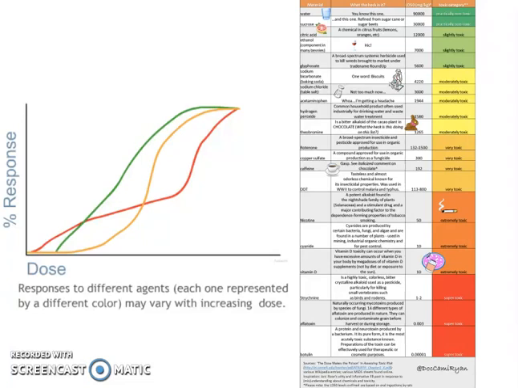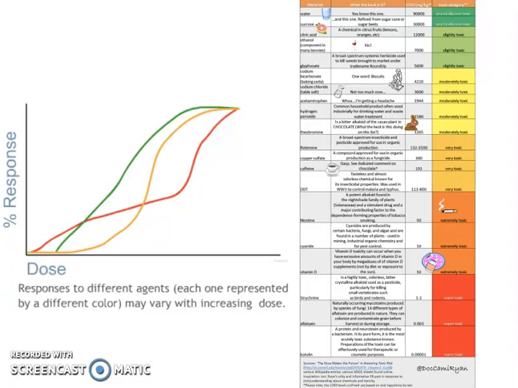The lower the LD50, the less of that chemical is needed to kill half of the animals it was tested on. And if there's less of the chemical needed to kill half of the animals, it's more toxic. The higher the LD50, the more of that chemical is needed to kill organisms, so the less toxic it is.